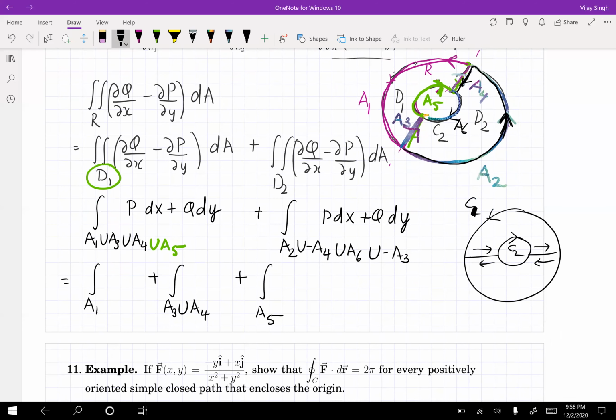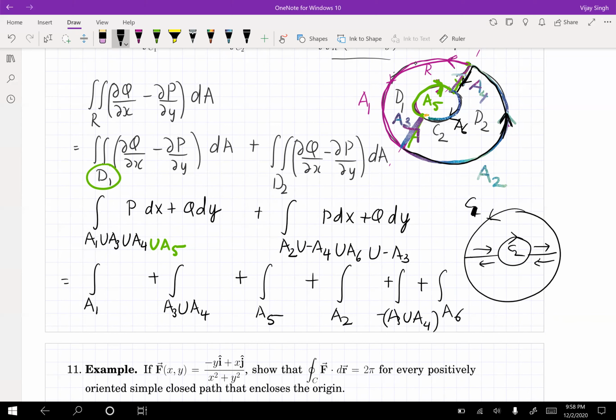Plus A2 plus minus A3 union minus A4, then plus A6.